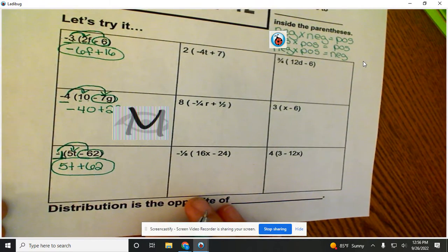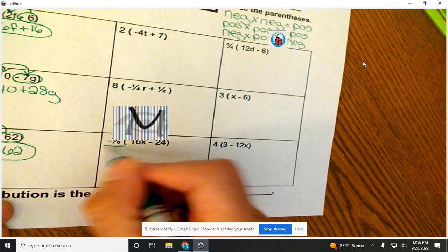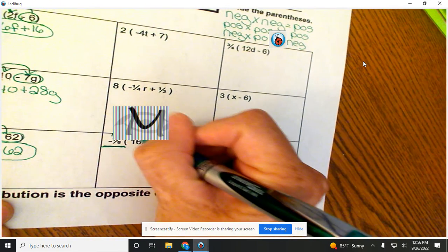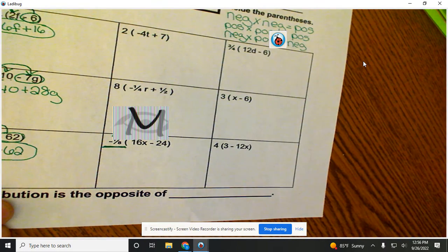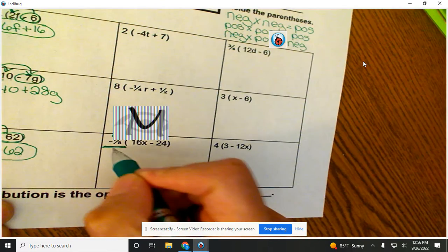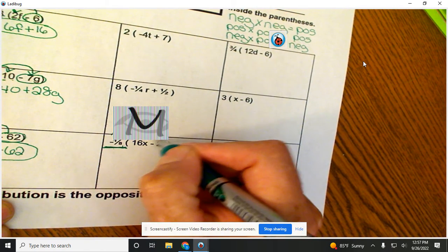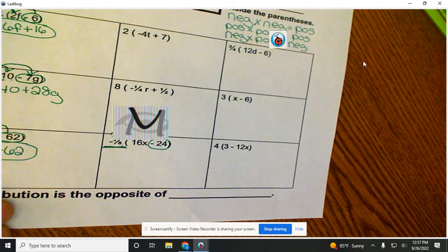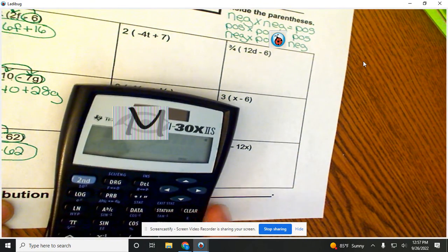Now, where you need to be concerned about is when we get into these crazy looking fractions. So we have a negative 1/8 times a 16x. And then we have our negative 1/8 multiplied by our negative 24. So if we were to put that into a calculator, we're going to go ahead and X this guy out.